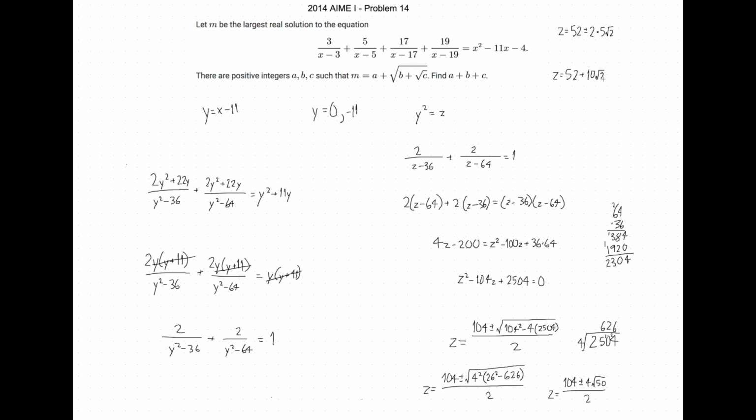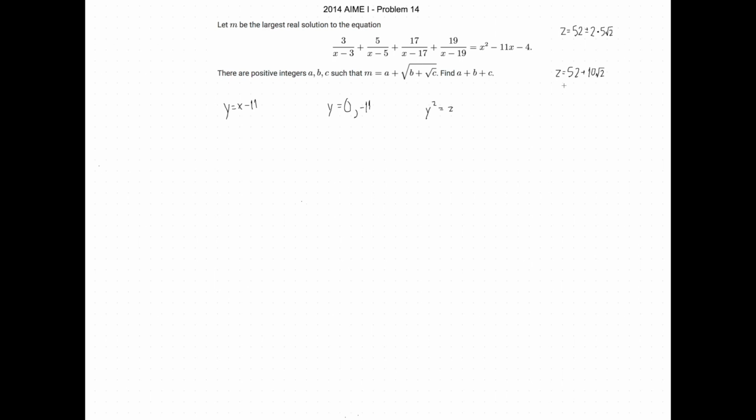Now all we have to do is reverse our steps and try to get the root in this form right here. So now we have to convert from z to y, and given that y squared equals z, y is equal to plus or minus the square root of z. But as we said, the bigger that y is, the bigger x will be. So obviously we want to choose the positive square root.